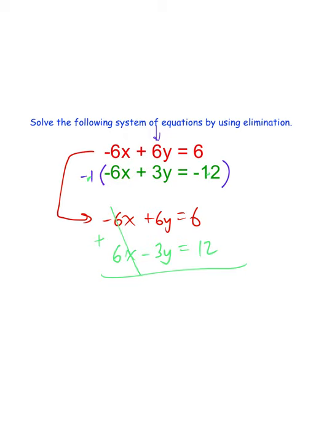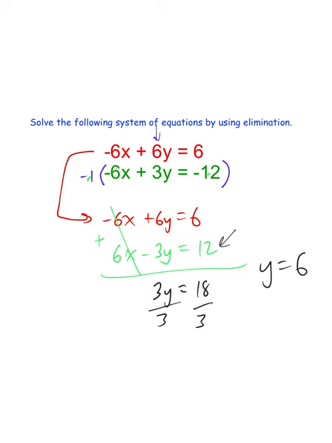So that leaves us here with 3y equals 18. We divide by 3, so y equals 6. Okay? Now, from here, you have a choice. You could put this y equals 6 back into either one of your original equations or your new green equation. It does not really matter.